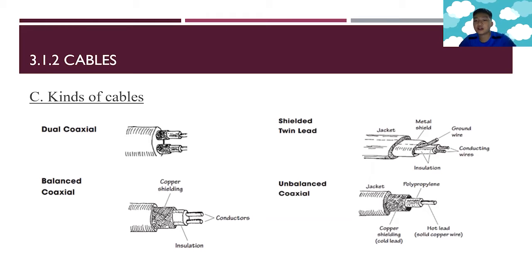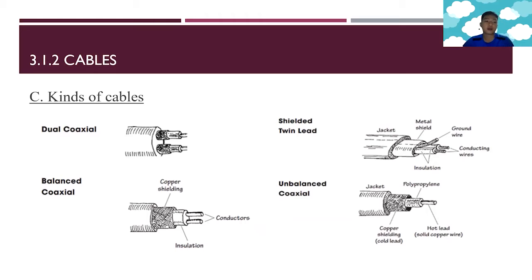It has a plastic jacket around the cover, and the next is the metal shield. In it there is insulation and conducting wire.